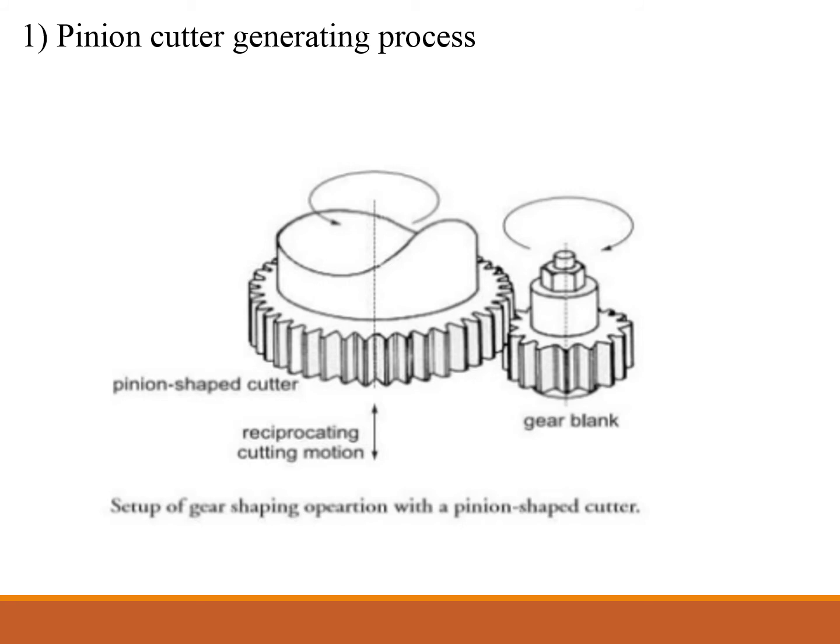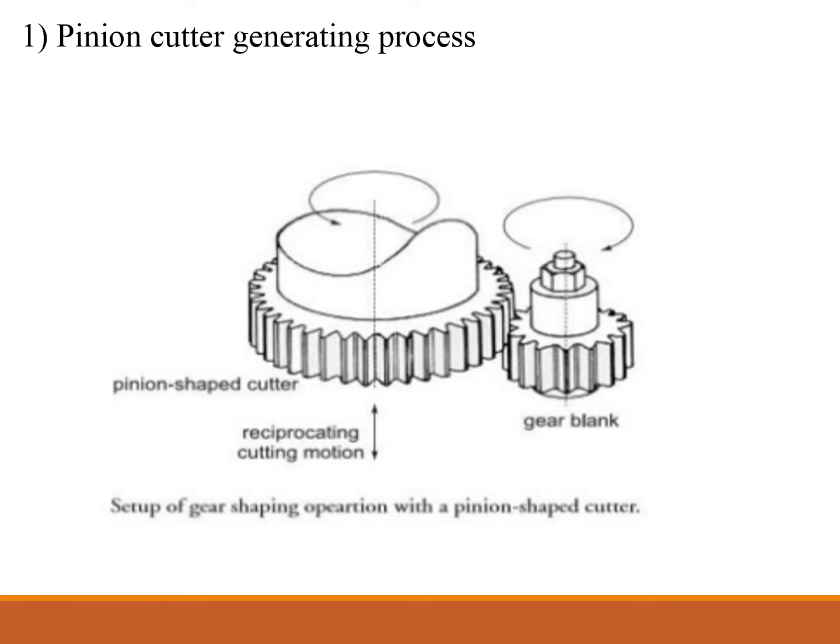The cutter rotates slowly in time relationship with the gear blank at the same pitch circle velocity with an axial primary reciprocating motion to produce the gear teeth. A train of gears provides the required relative motion between the cutter shaft and the gear blank shaft.